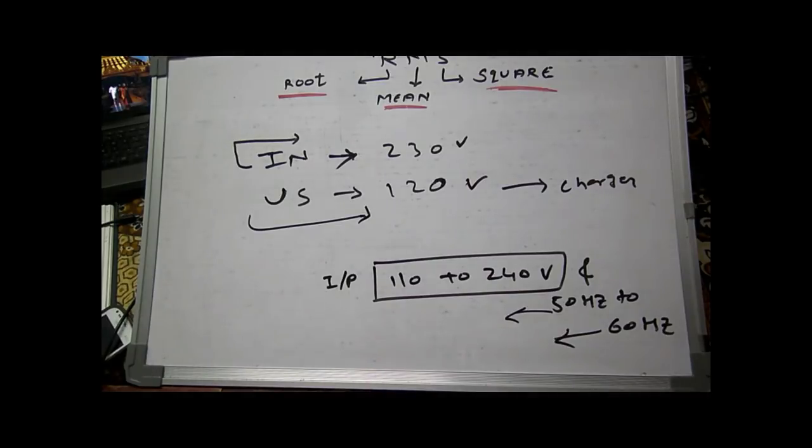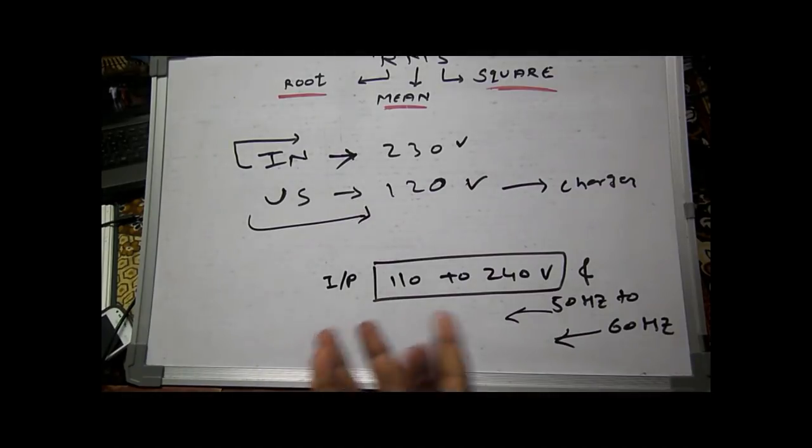So till now we know DC and AC. In my next video we will see how that AC is generated. It will be a small video, but your concept will be clear.